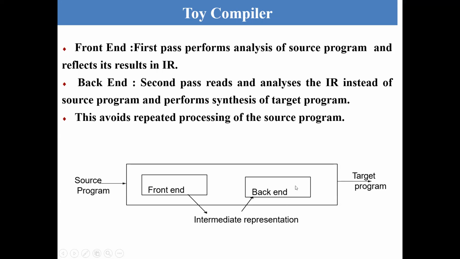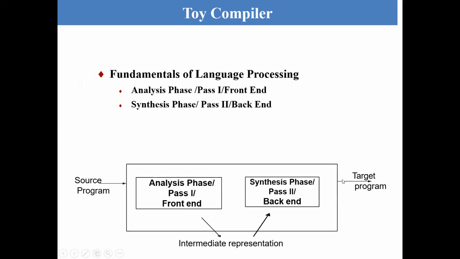Now the back end, the second pass, reads and analyzes the IR instead of the source program and performs the synthesis of the target program. Okay. So again here I have written all the names: analysis phase, pass one, front end; synthesis phase, or pass two, or back end.